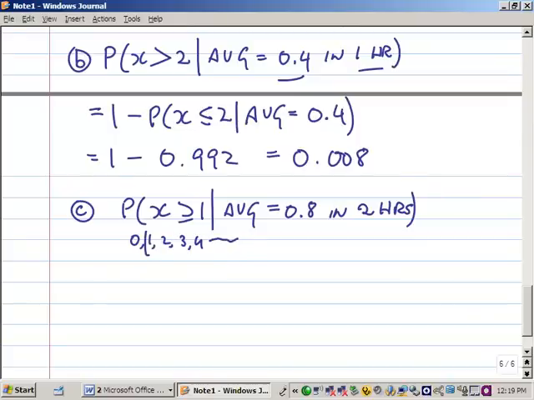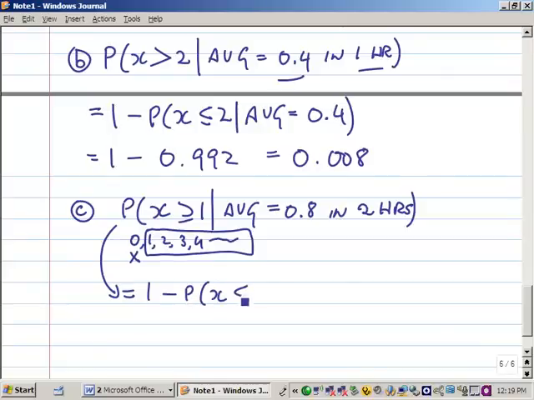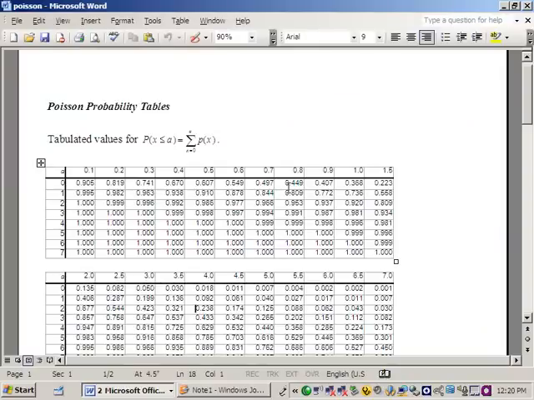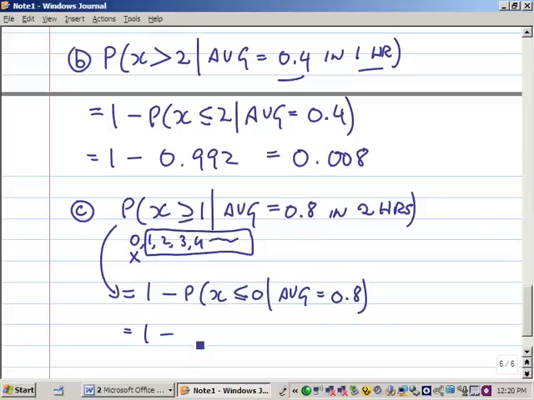Greater than or equal to 1 means 1 through infinity, and the complement of that is just the x equals 0. So this is going to be equal to 1 minus the probability that x is less than or equal to 0, with the average of 0.8. Less or equal to 0 is this value here, 0.449. So the answer to that is 0.551.